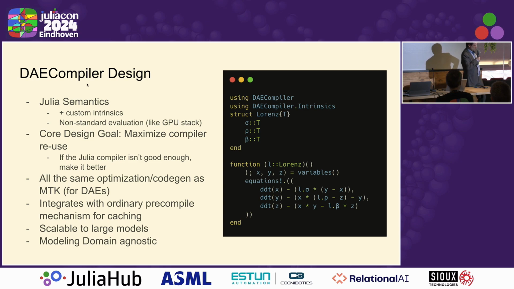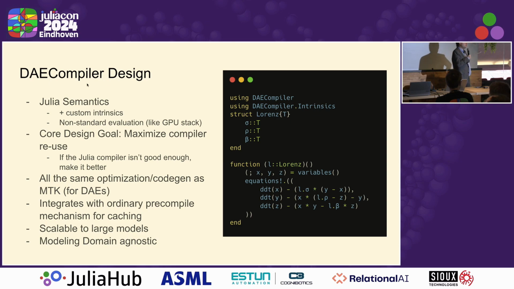So now that I've talked extensively about what DAE compiler isn't, let's talk about what it is. DAE compiler is a way to represent systems of differential algebraic equations as plain Julia code plus a small number of custom intrinsics. So the evaluation semantics are basically standard Julia, but with a non-standard evaluator, sort of similar to the GPU stack.